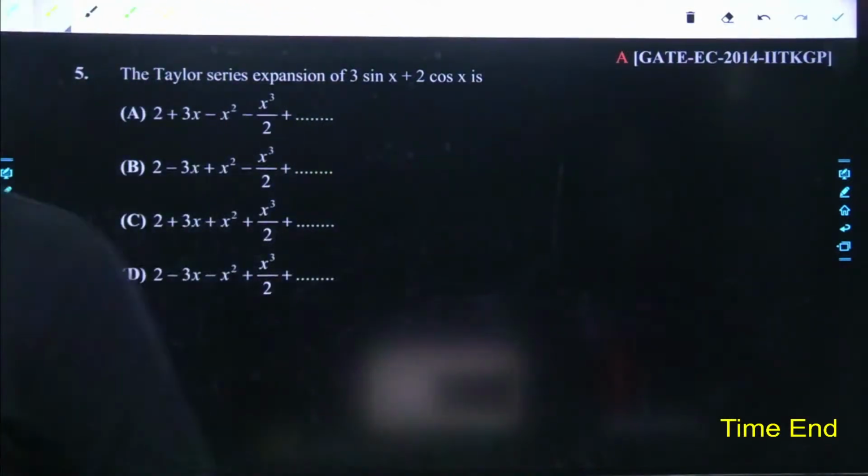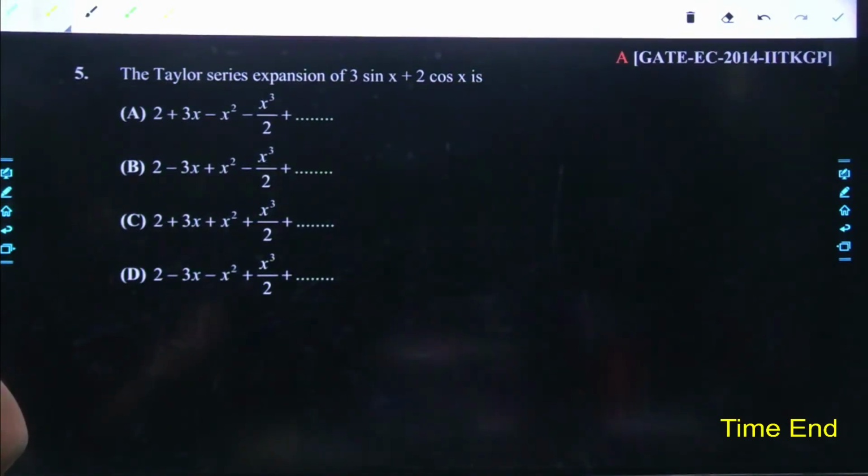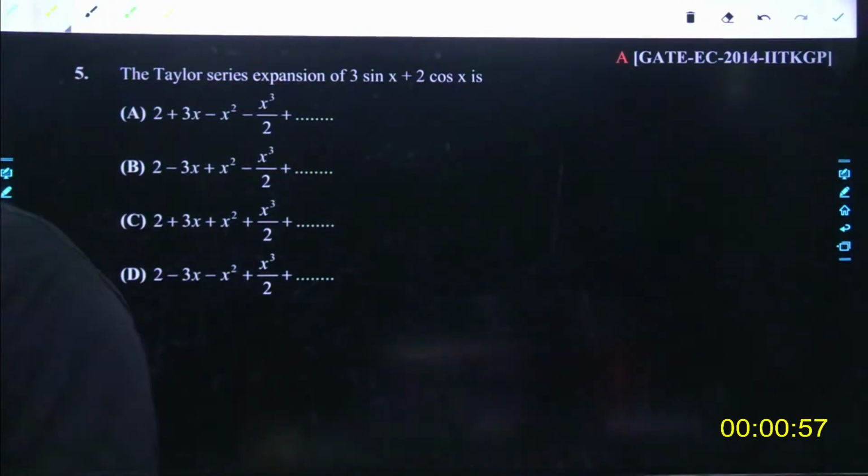Let me start the timer now. So here it starts the timer. Tell me, what must be the best answer for this given question? I would like to know from each one of you.